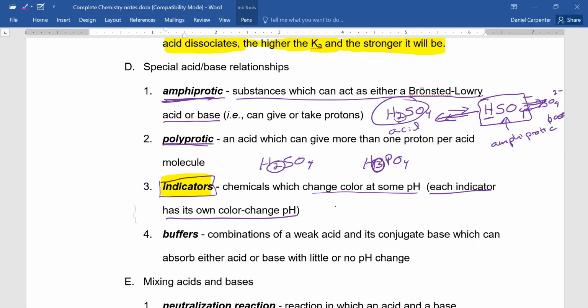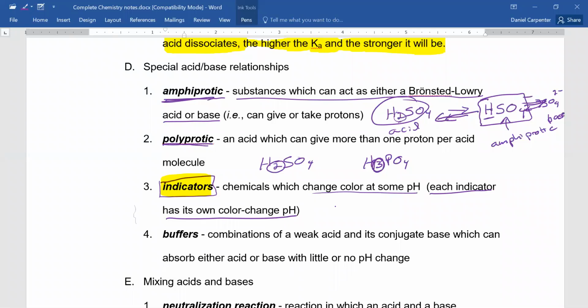So if you have a pool or an aquarium where you take a little vial and get a little bit of water from the pool or aquarium and then put a drop of something in and it changes a certain color, and you hold that up against a list of colors to see what pH the pool is, that's not just an indicator, that is a mixture of several indicators, because any one indicator only does one color change at one pH.